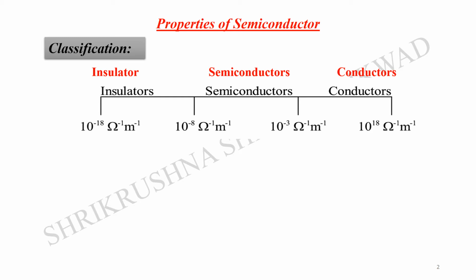So this is something crude, and we have already seen since our junior college how they are classified, right? So moving a little bit ahead, we will try to understand why the insulator has such low conductivity, and what exactly the difference is, as we are learning these semiconductors at the master level.